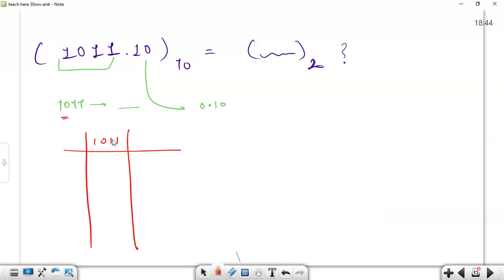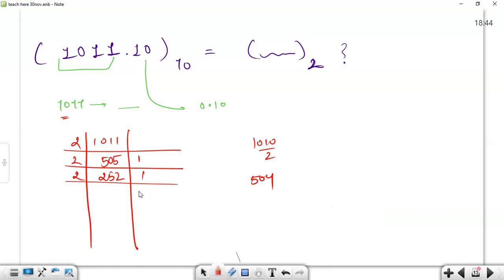So this is not going to get completely divided by 2. So for that, we'll have to subtract 1 from this. So 1010 divided by 2 becomes 505. Now this is also an odd number. We have to subtract 1. 504 divided by 2, 252.